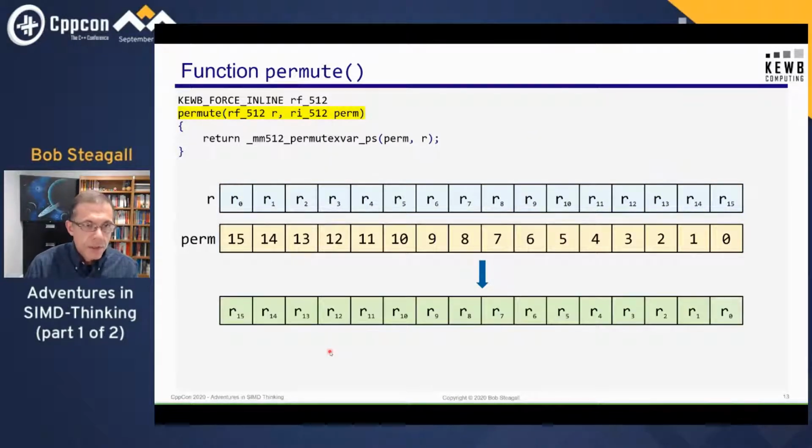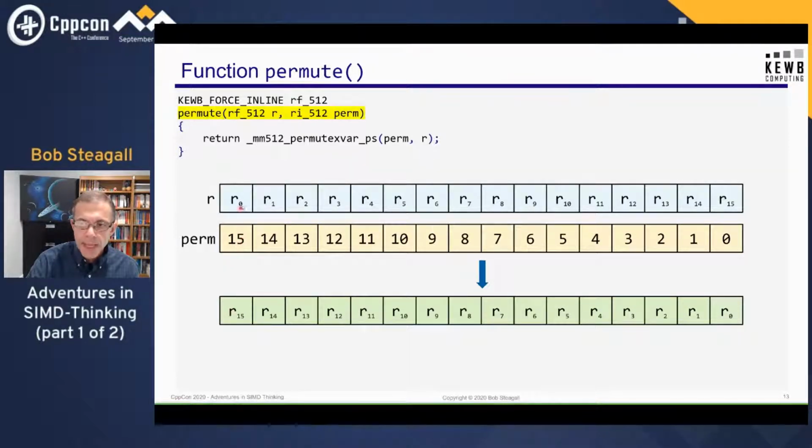The next function is also very powerful and very useful, and I call it permute, and it's based on this AVX512 intrinsic. So basically what happens is you have a register full of values, and you have a permutation sequence in another register, an integer register. And the values at each location in the permutation sequence indicate which value you would like moved into the result.